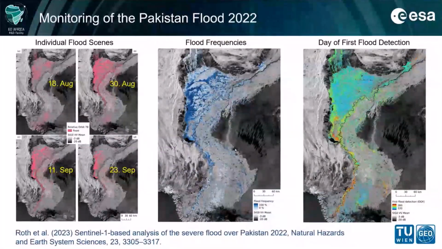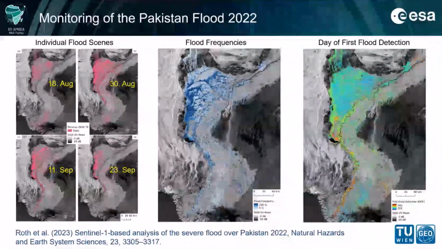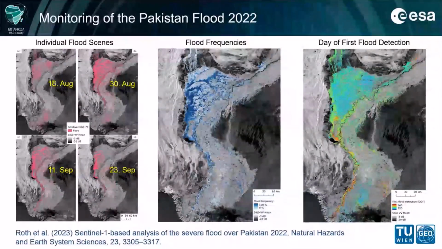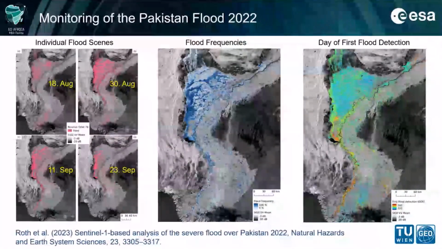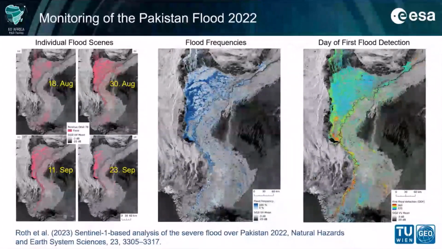And taking all image stacks, we can start mapping the day when the first flooding was noted in the SAR data. And we can also determine how long a certain pixel was flooded, so the flood frequency. And this gives a very visually impressive image showing which areas have been particularly hit hard by the flood event.